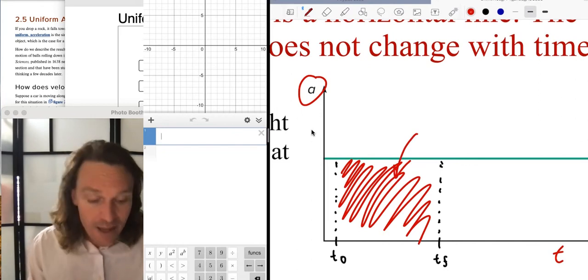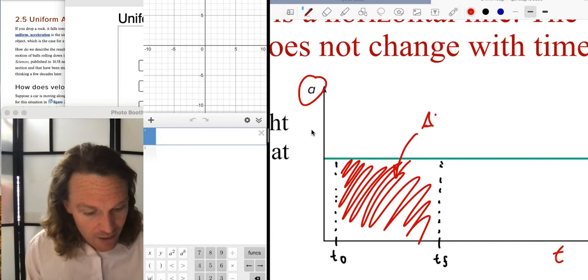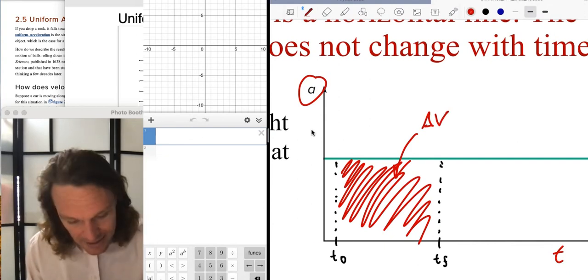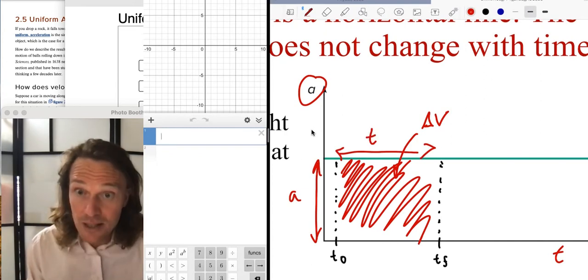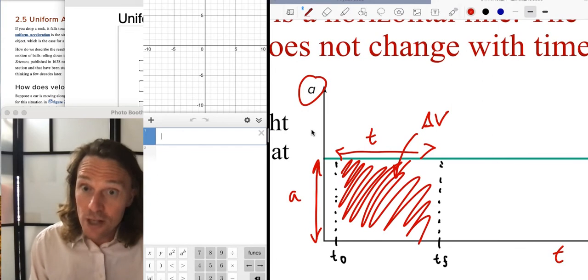The magnitude of that area is the change in velocity, okay? Because the height is acceleration, the width is time. When you multiply acceleration times time, you get velocity. You get it from that linear relationship, right?